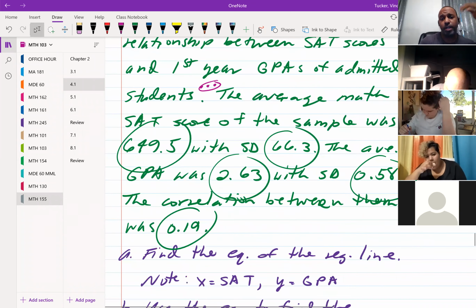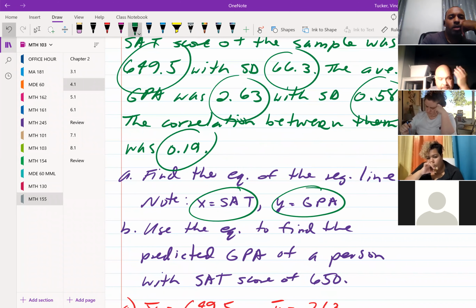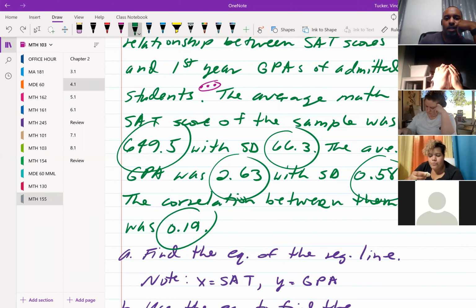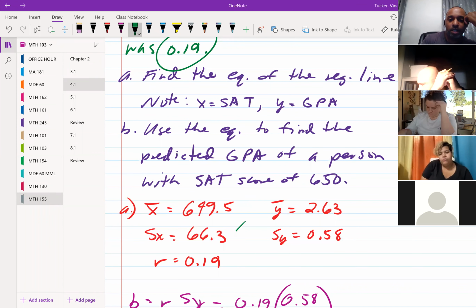You just have to make sure that you give them to the right letters. So they tell us that X is our SAT, Y is our GPA. So when they say the average SAT, that means your average X. And standard deviation of the SAT, standard deviation of X, correlation was 0.19.